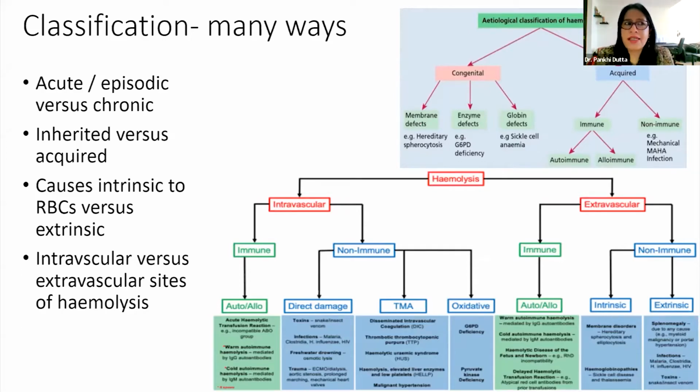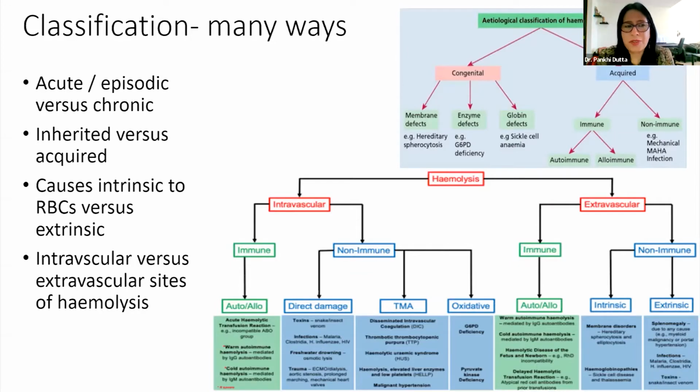You can classify anemia as acute episodic versus chronic. And of course, acute episodic episodes would occur on a chronic process. Inherited versus acquired. Again, sometimes inherited or congenital defects or problems may be detected at a later age.